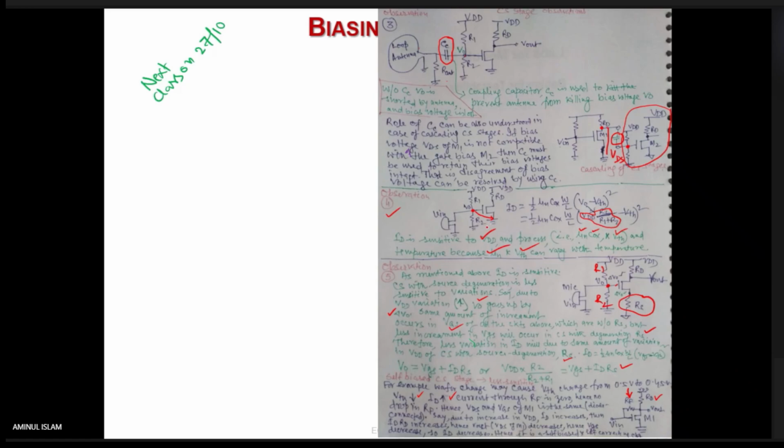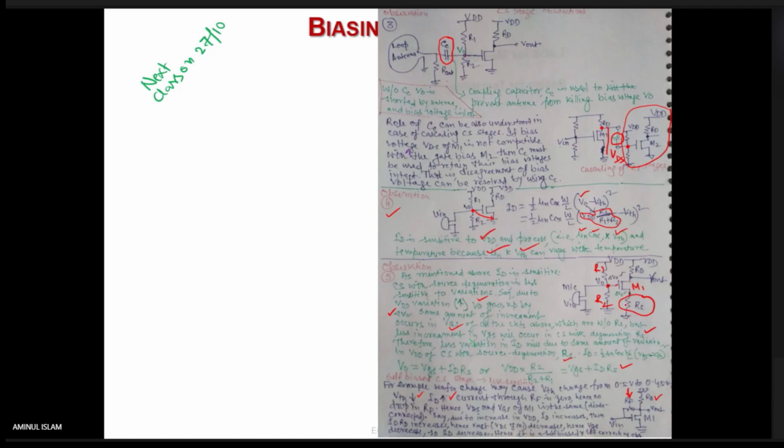But in case of the CS amplifier with degeneration resistor RS, say delta VO increase is occurring at the gate of M1, what will happen? Correspondingly, current will increase, because we know if VO is changing, current is going to increase.